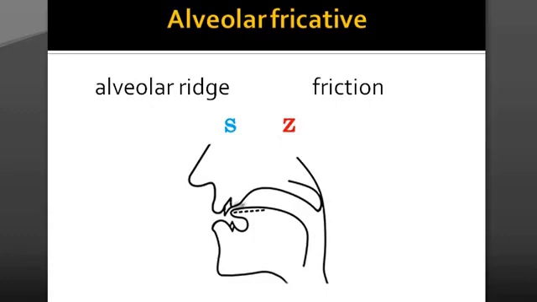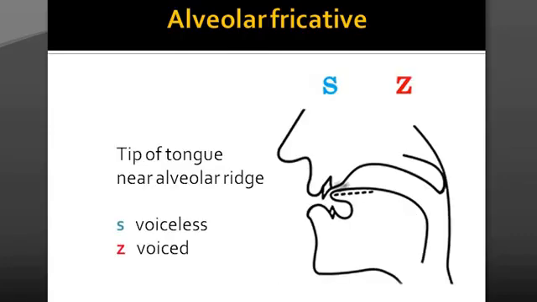When we say s and z, you don't stop the breath. Your tongue actually doesn't touch the alveolar ridge. We just put your tongue very close to the alveolar ridge. So for the alveolar fricatives, the tip of your tongue is near the alveolar ridge, that bumpy place behind your teeth.